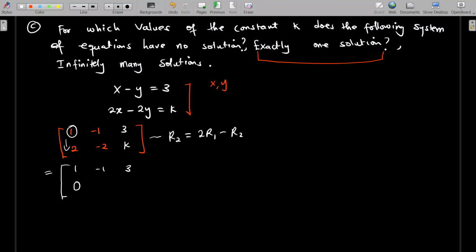Then 2 times -1 is going to be negative 2, then minus 2, right? And that's going to be negative 2 plus 2, which is 0, and then 2 times 3, which is 6, minus this k, so I'm going to have 6 minus k here.